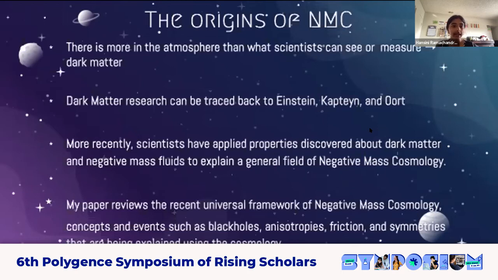But more recently, scientists have applied properties discovered about dark matter and negative mass fluids to explain the general field of negative mass cosmology. My paper reviews the recent universal framework of NMC, along with events such as black holes, anisotropies, friction, symmetries, and others that are being explained using this cosmology.